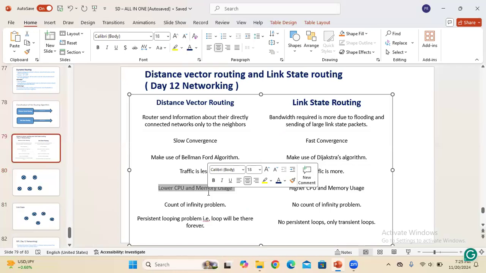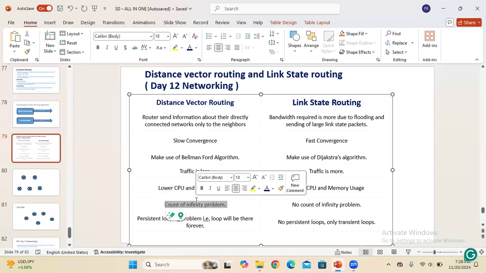In an interview, you will get a question about the difference between distance vector and link state routing protocols, and you can mention the main point. In distance vector, the information is exchanged only with the neighbor, and in link state, the routing information is exchanged directly across the topology.